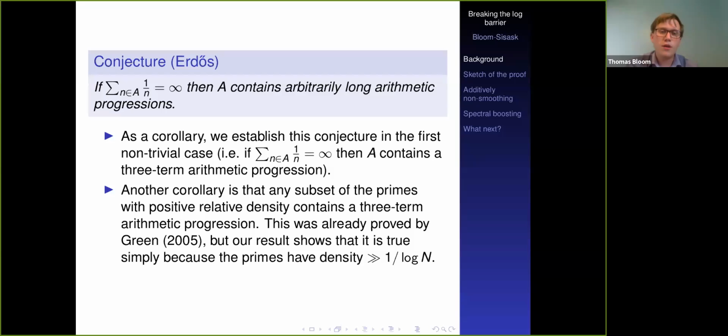As a corollary of our theorem on the previous slide, we also see that any subset of the primes of relative positive density contains a three-term arithmetic progression. Again, that special case was known before the Green-Tao theorem. That's a result of Green. And as a corollary, we established this just because of the density of the primes rather than any particular arithmetic information about them.